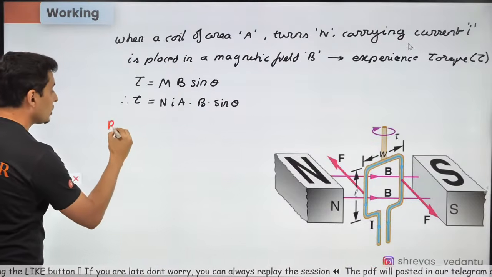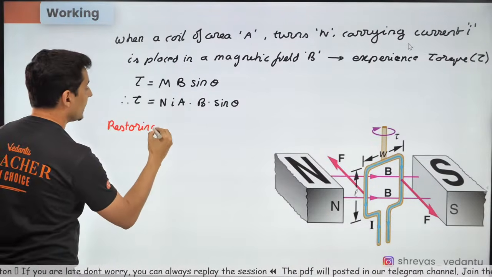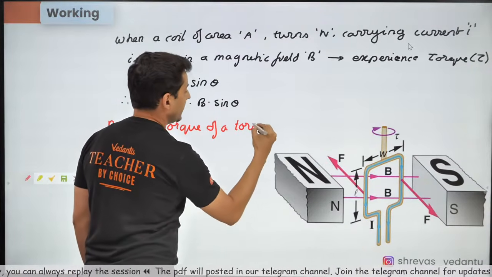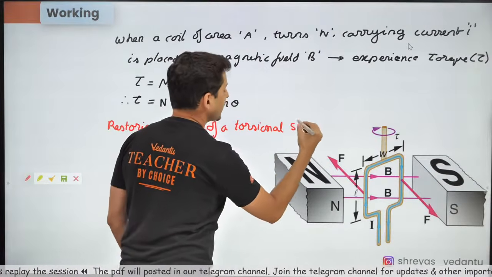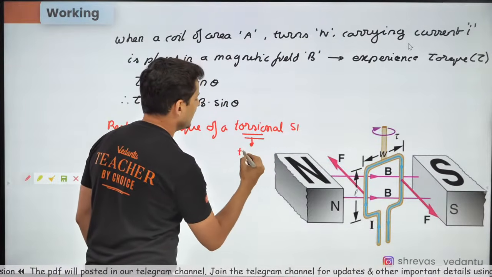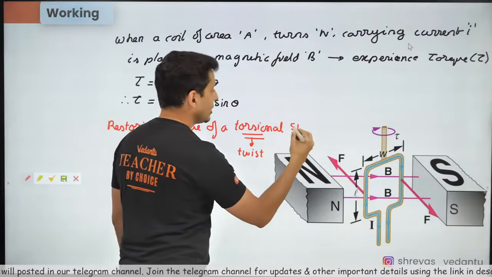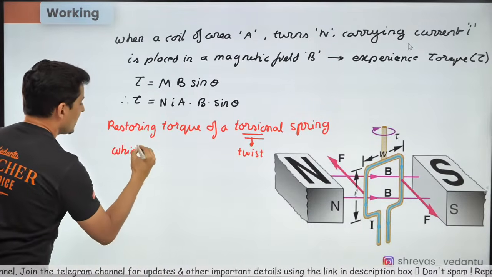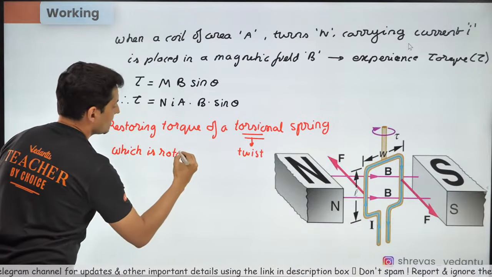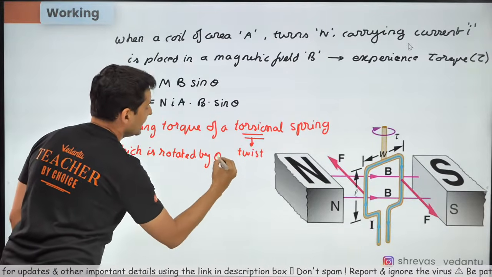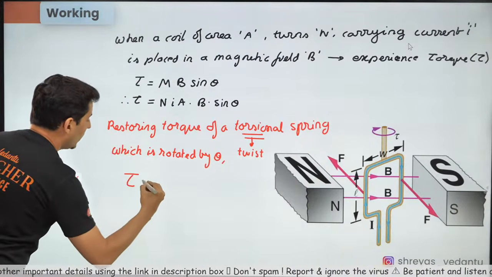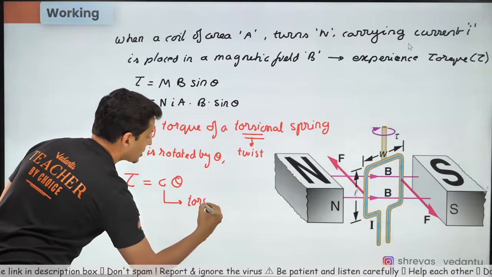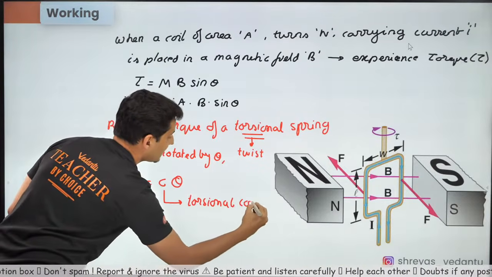So the restoring torque of a torsional spring, which is rotated by theta, is given by tau is equal to C into theta, where this C is called the torsional constant, twisting constant.